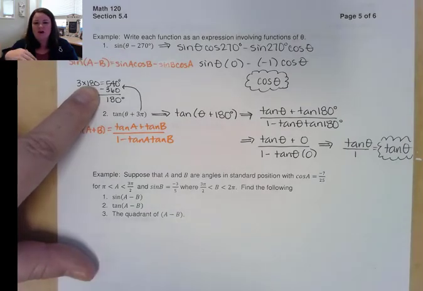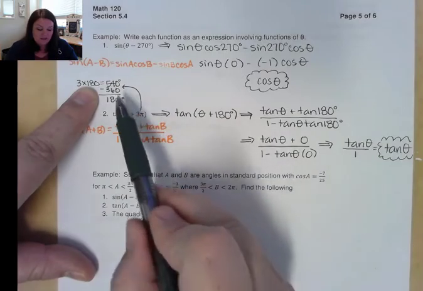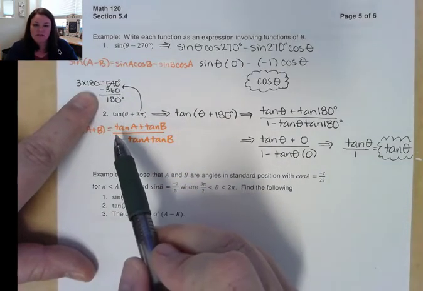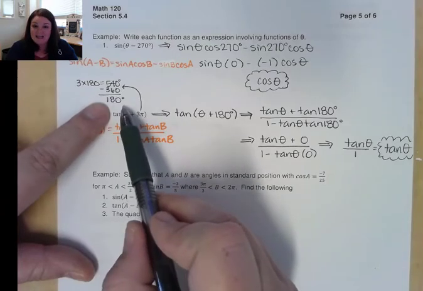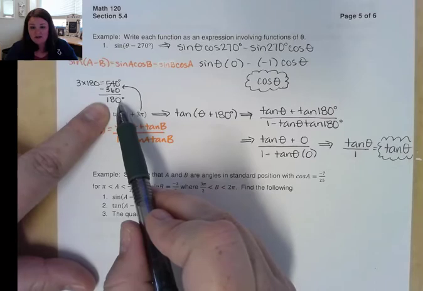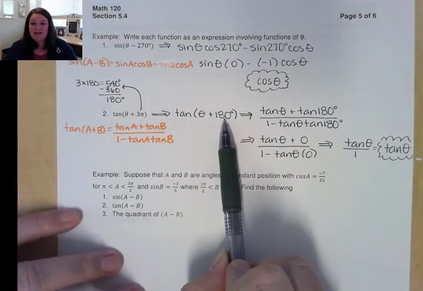So I just want to figure out its similar angle. As long as I find an angle that has the same terminal side, I can use it. So I'm just going to subtract off a full rotation of 360 degrees, which gives me 180. So 540 degrees is the same as 180 degrees, and I just replaced my 3 pi with 180.